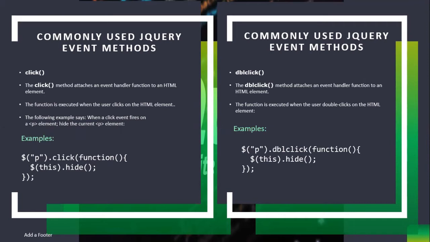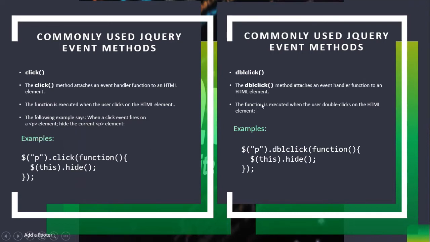For example, we have dollar sign p dot click. When we click a paragraph, the function runs, and this refers to the current paragraph. Whatever paragraph we click will be hidden.